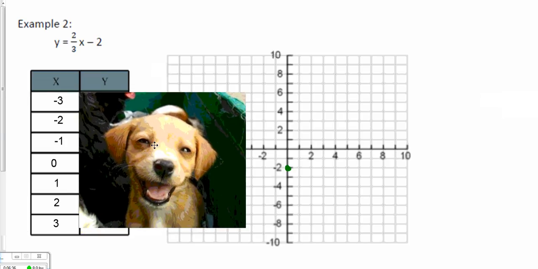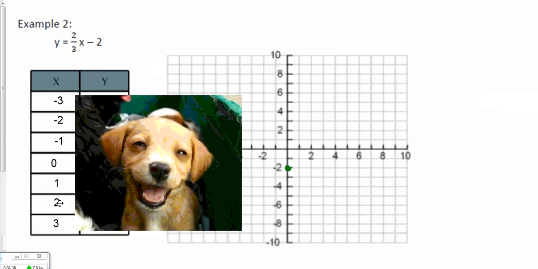So I'm going to move our picture out of the way here. All of these are our x values. Remember, -3 up through 3. And we're simply going to plug these numbers into x for the equation. So -3 in for x means we're doing 2/3 times -3. That's going to give us -6/3, which is actually the same as saying -2.